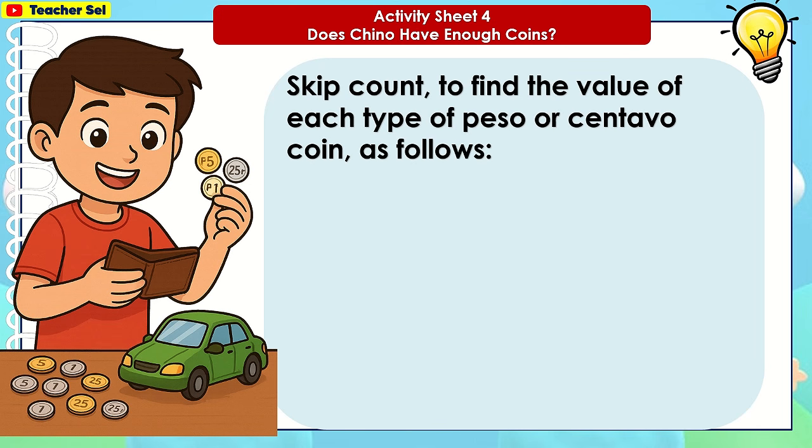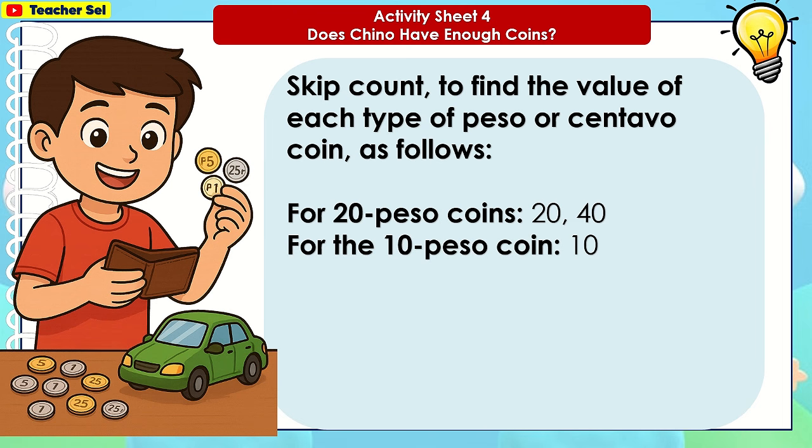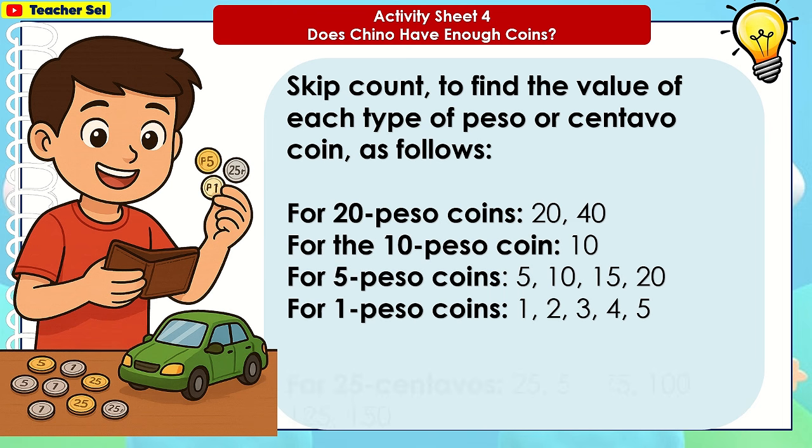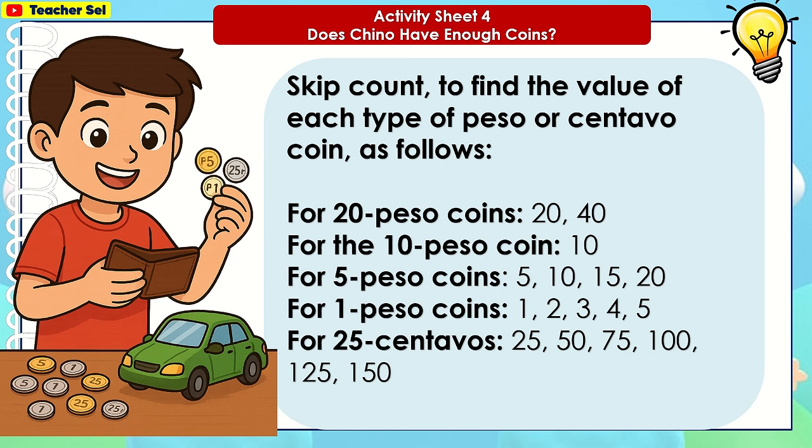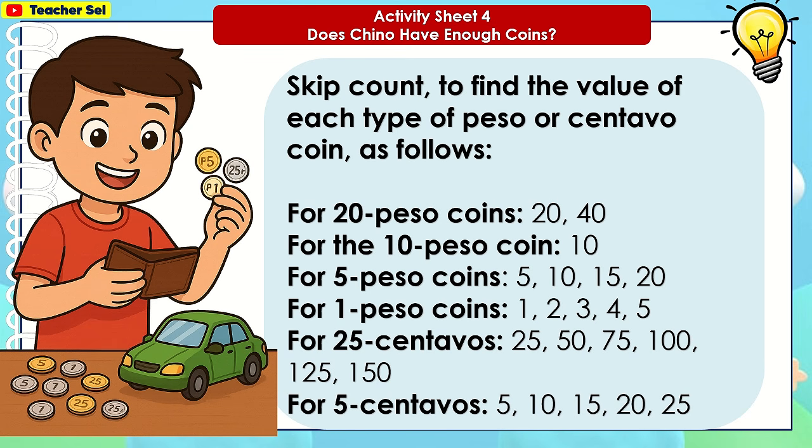Skip count to find the value of each type of peso or centavo coin as follows. For 20 peso coins, for the 10 peso coin, for 5 peso coins, for 1 peso coins, for 25 centavos, for 5 centavos.